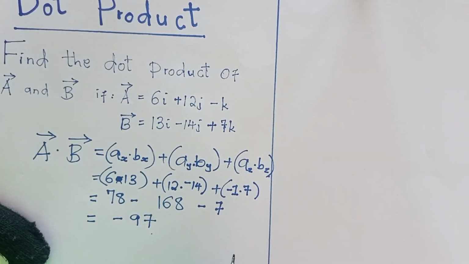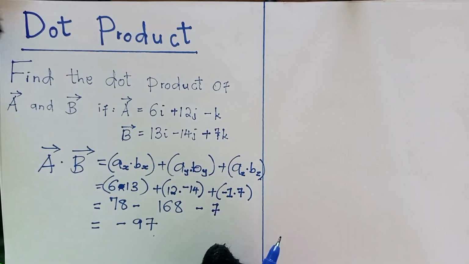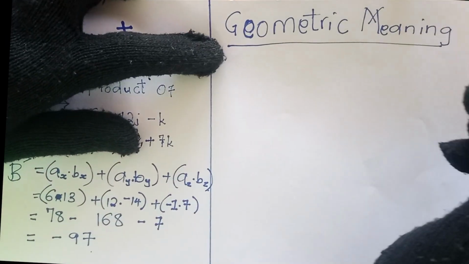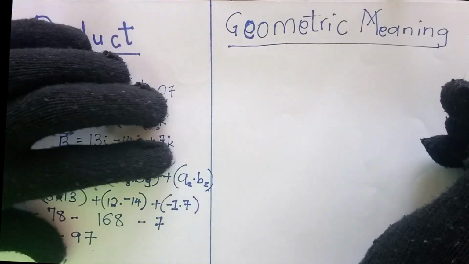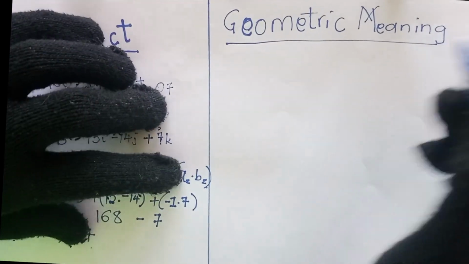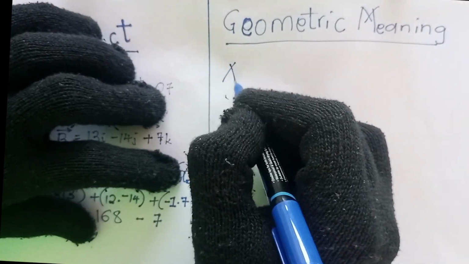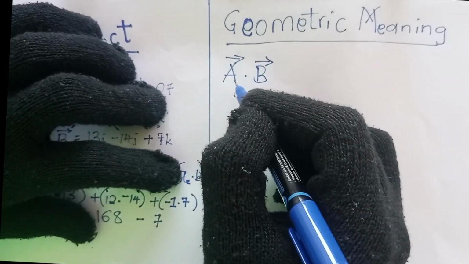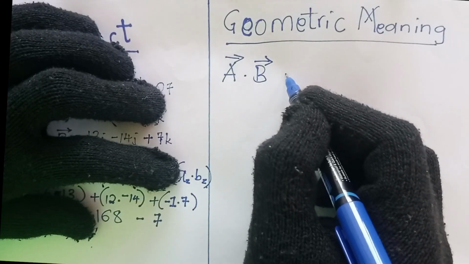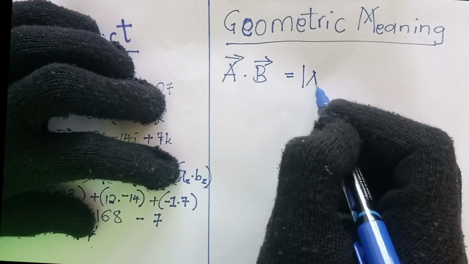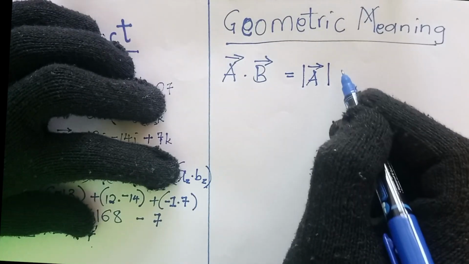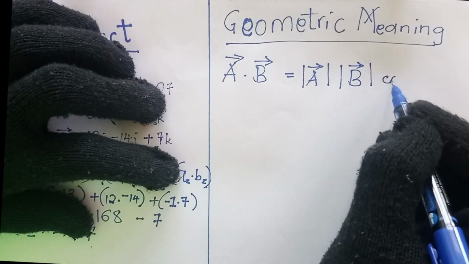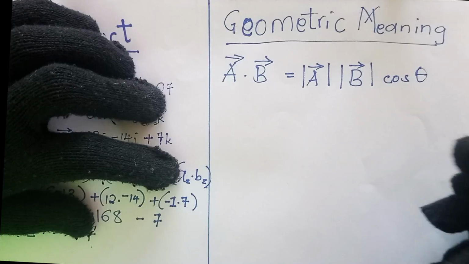Let us look at the second part, the geometric meaning. The geometric meaning of the dot product is that A dot B, vector A dot vector B, is equal to the magnitude of vector A times the magnitude of vector B cos theta.